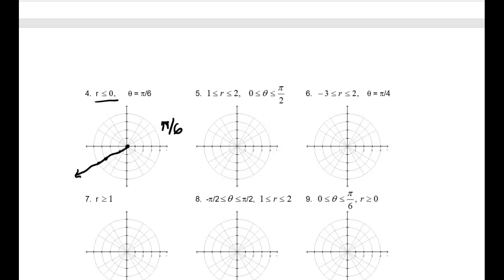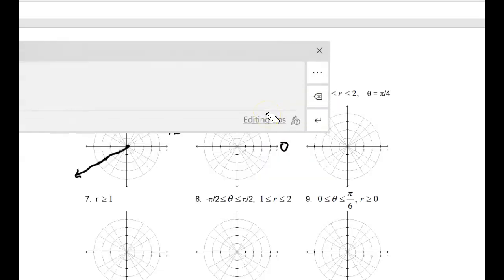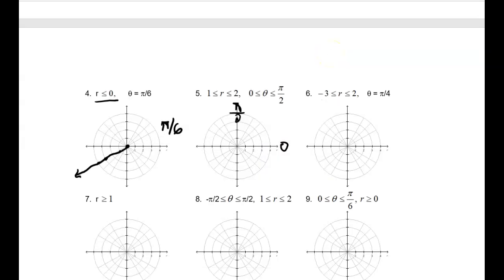5, between angle 0 and pi over 2, so we would want pretty much any angle in between here, anywhere from 0 to pi over 2. Within those 90 degrees, we would want every r of 1, so we'd have a little circle here, and an r of 2.